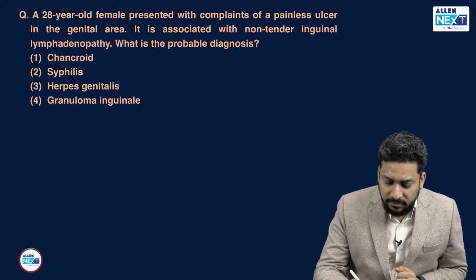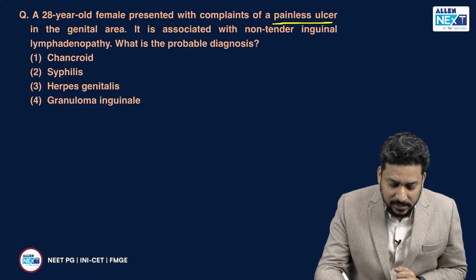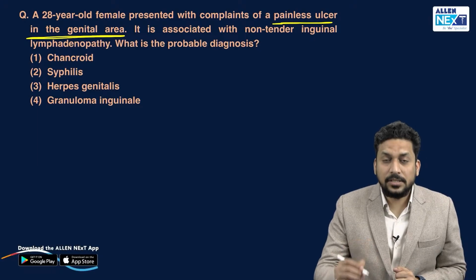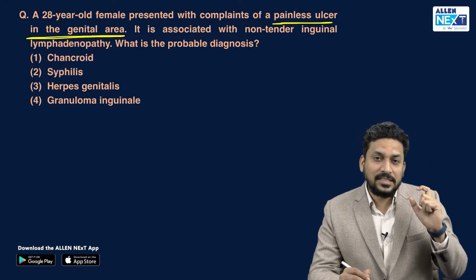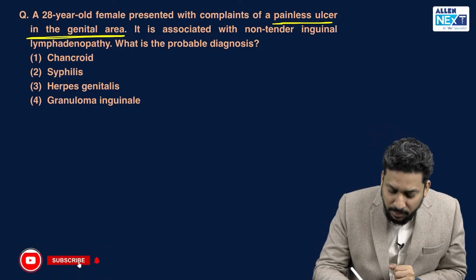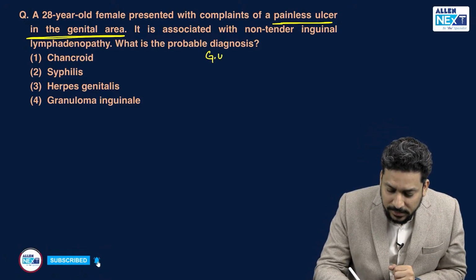A 28-year-old female presented with complaint of painless ulcer in the genital area. Now this is very important because this is pointing towards genital ulcer, that is sexually transmitted infection, and whenever a patient presents with genital ulcer, remember, look for pain.